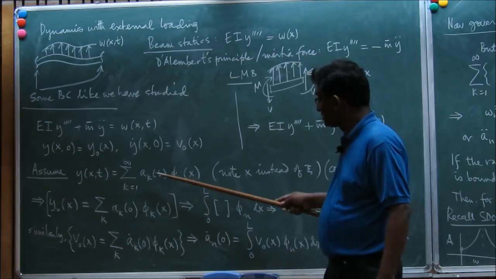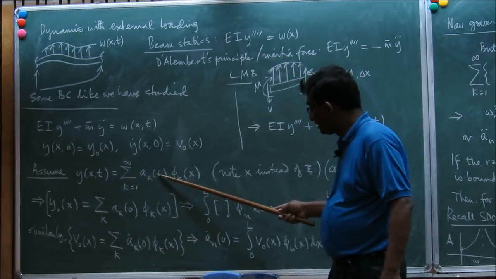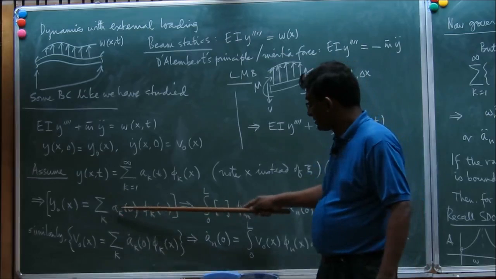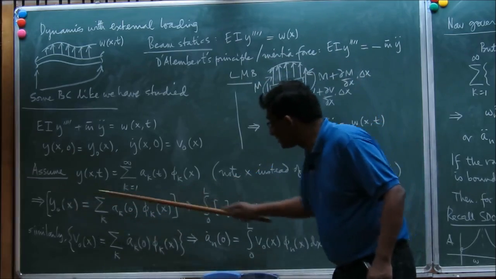and that is easy enough, because y of x and 0 is a k at 0 times phi k of x summed over k. So here is that sum and here is y. This thing, both sides, I take in the square bracket.